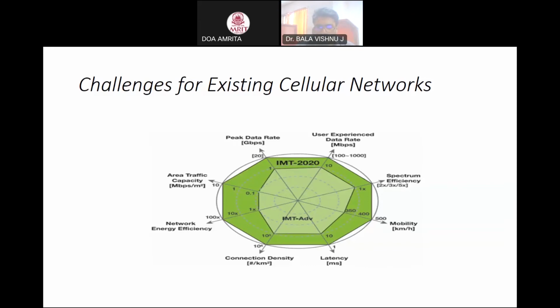It is given in terms of bits per second per hertz per joule. It is about 100 times what we are going to achieve in fifth generation communications. So these are all the key metrics we are going to consider, or the challenges we face in fifth generation mobile communications.